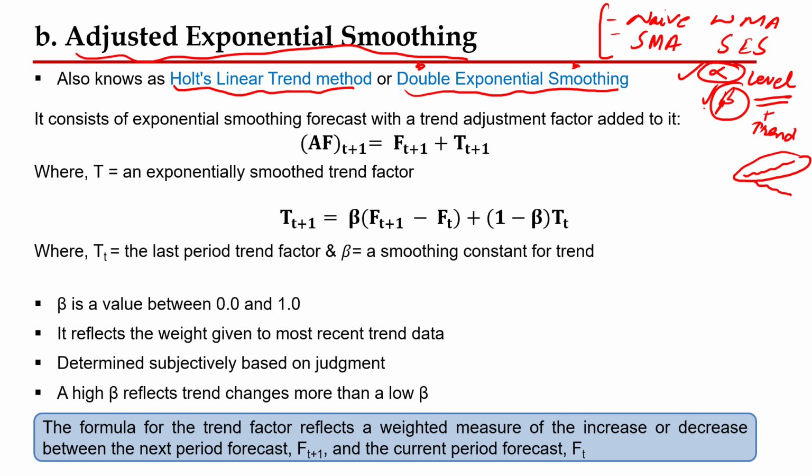The formula for the double exponential smoothing, or adjusted exponential smoothing method, is this one: AFT, the adjusted forecast for time period t plus 1, is equal to FT plus 1 plus T t plus 1. Here FT plus 1 is the simple exponential smoothing forecast, whereas T t plus 1 is the trend component.